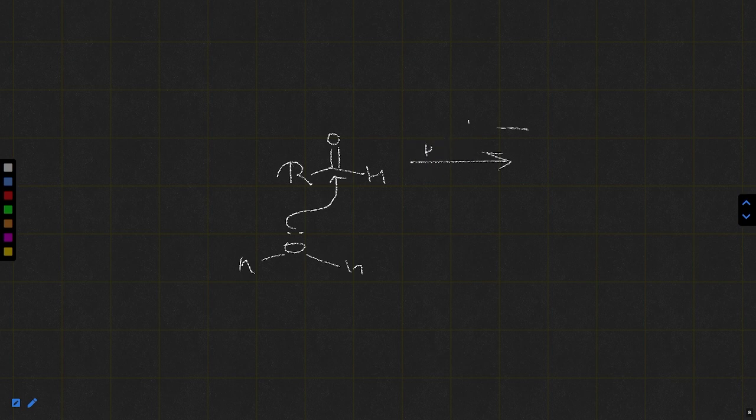So what will be formed? I am doing the reaction with H2O right now, and this pi bond will move here. O minus, H, OH2. Now again an intermolecular proton transfer.